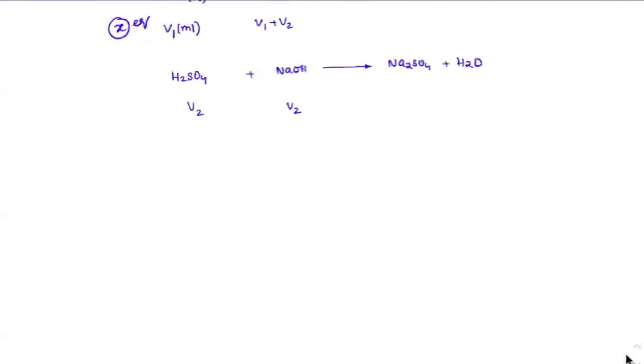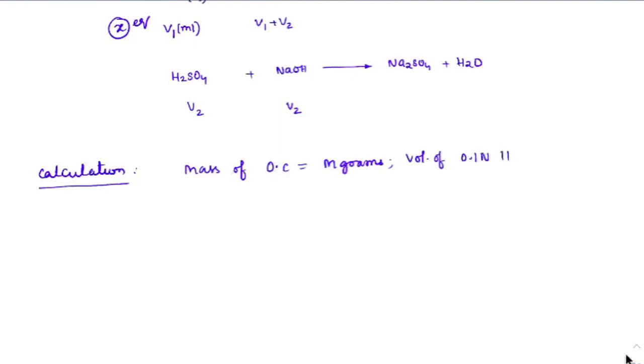Now see the calculation part here. Let us assume the mass of the organic compound is m grams, and the volume of 0.1 normal H2SO4 is V1 ml.